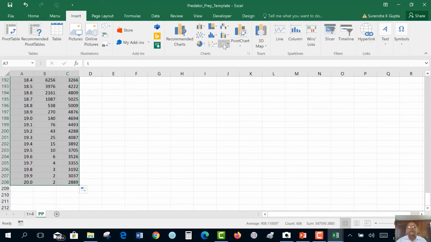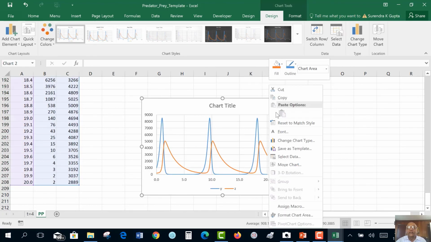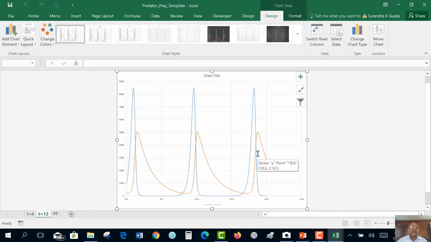Insert. Ooh, look at this. So look at this. This is all cyclic. So they just didn't go to 0.